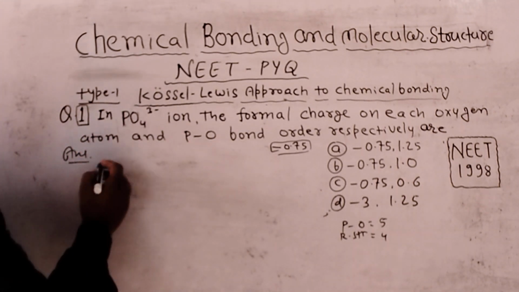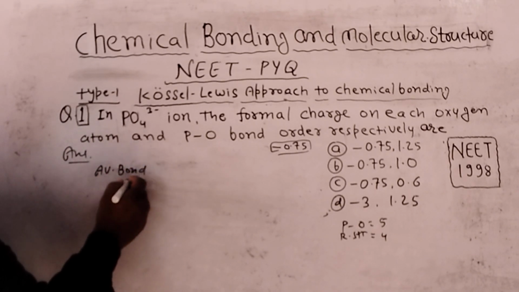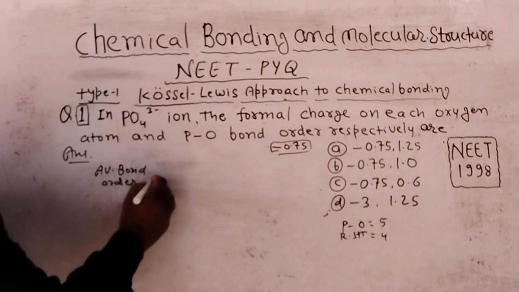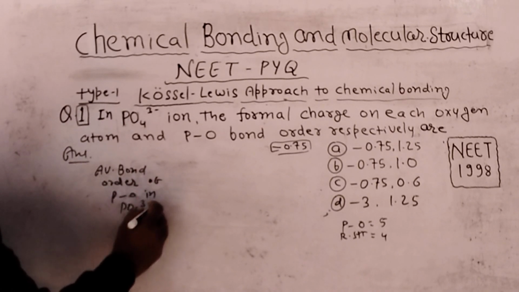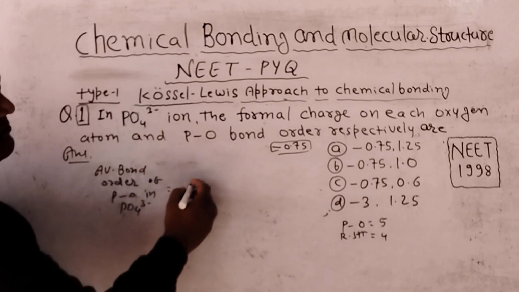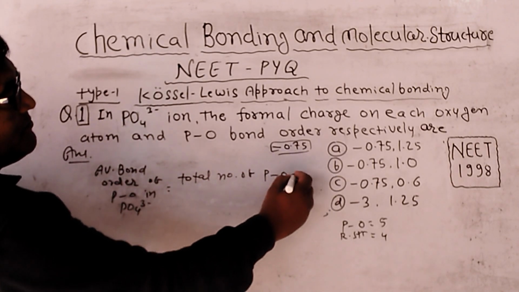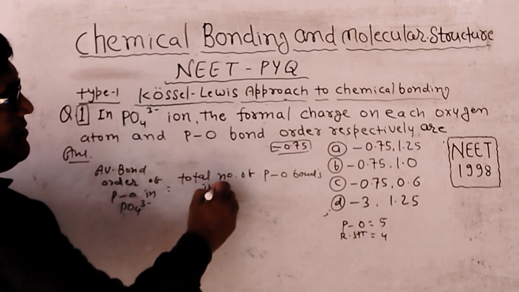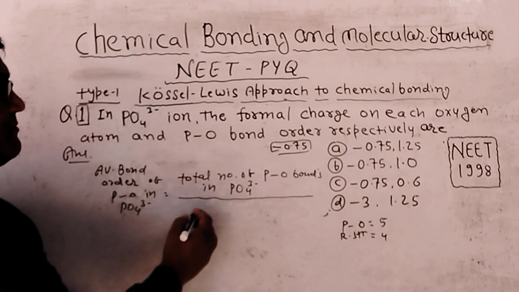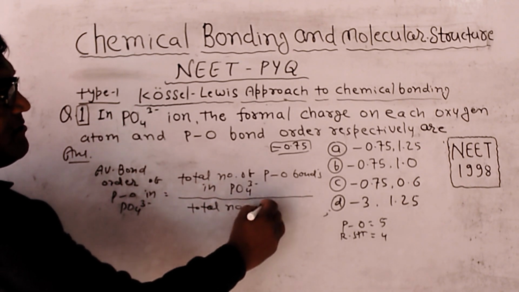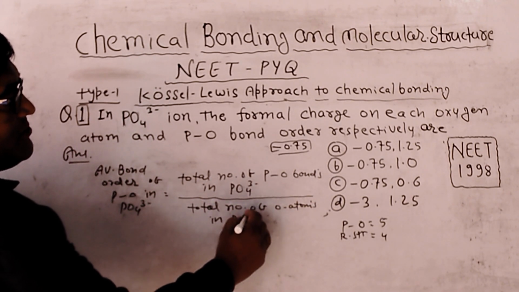After that we can calculate the PO bond order. So the average bond order of PO in the phosphate ion is equal to the total number of PO bonds in the phosphate ion divided by the total number of O atoms in the phosphate ion.